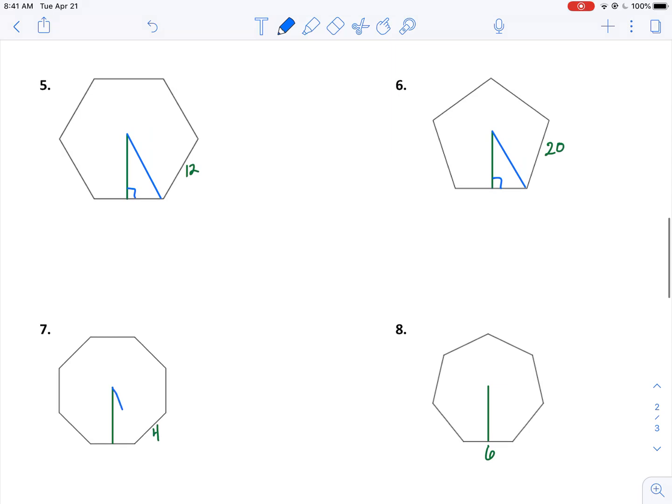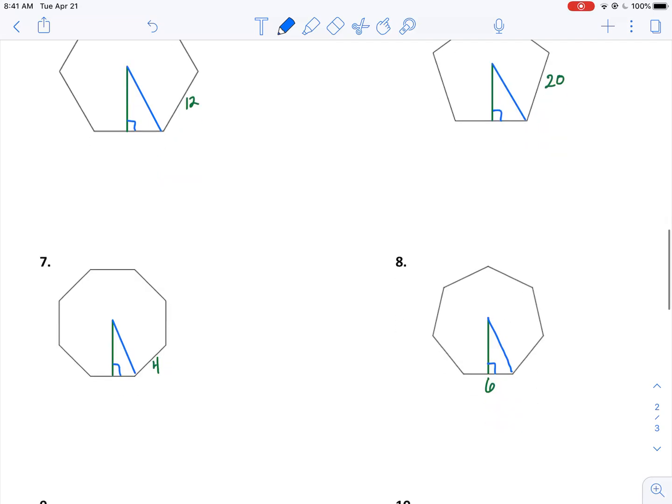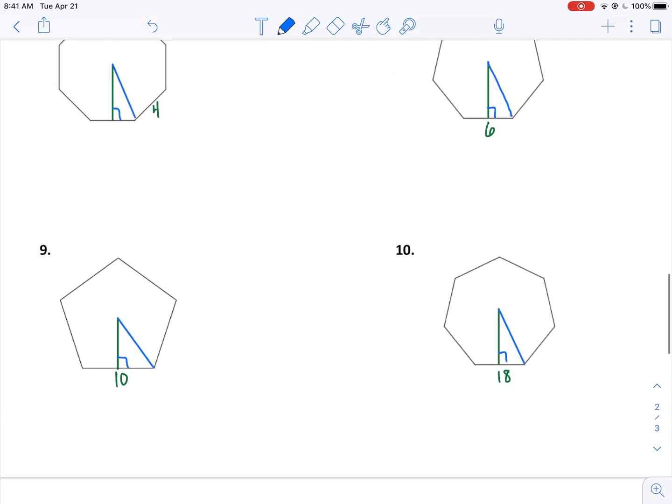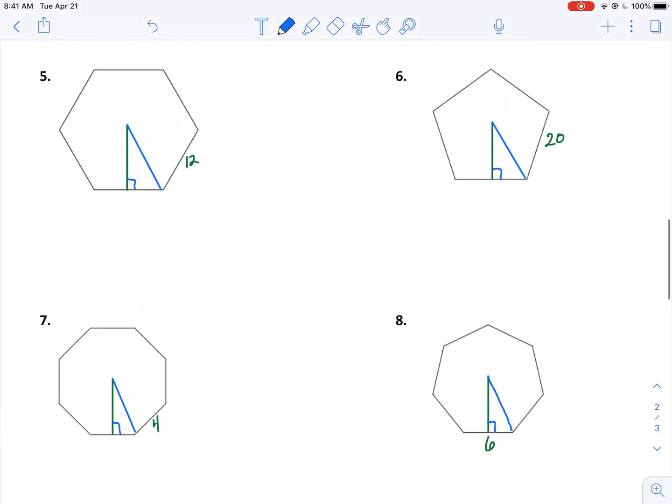Okay. So we're going to use some trigonometry here to find our apothem length. We've got to make a right triangle here. So you'll remember that apothem, we said, was perpendicular.